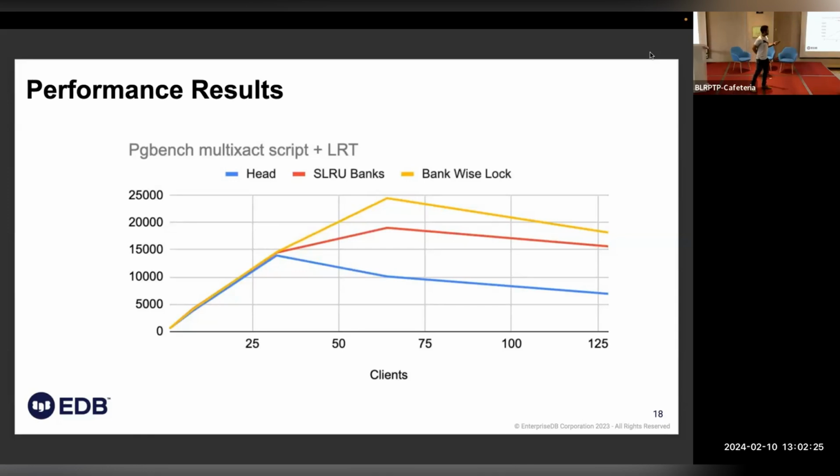The thing is that since you include the LRT, the long running transaction, the more the workload increases, the more clients we add, the contention is because of the LRT, not because of the SLRU. After this peak you are seeing the drop because of the LRT: the number of tuples becomes too many because of bloat.